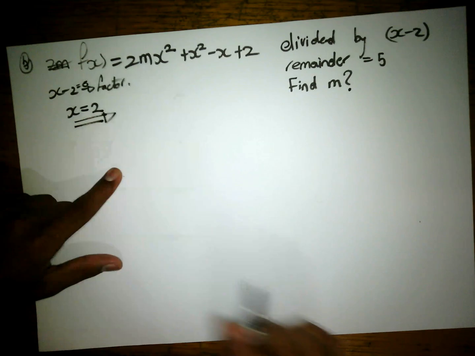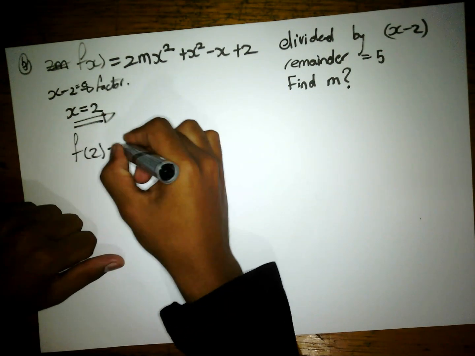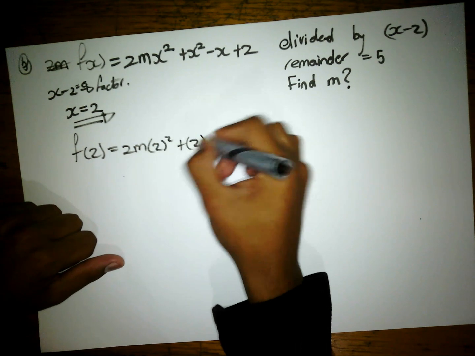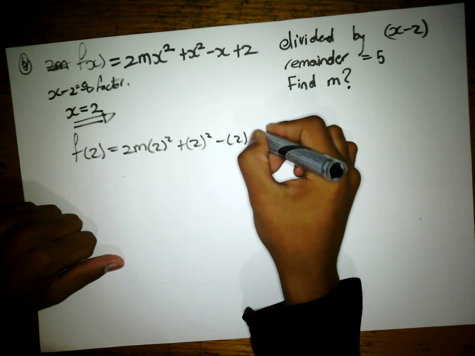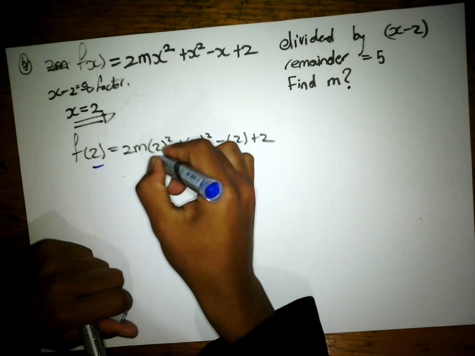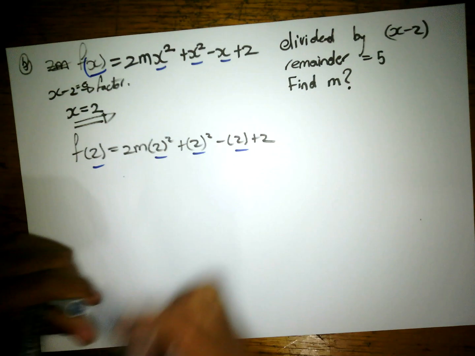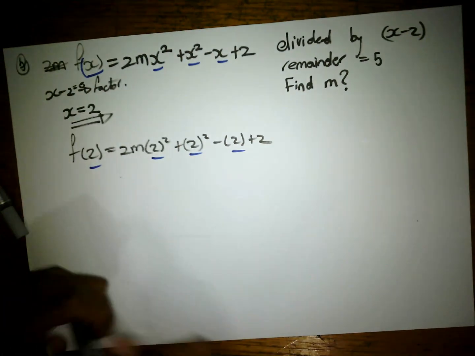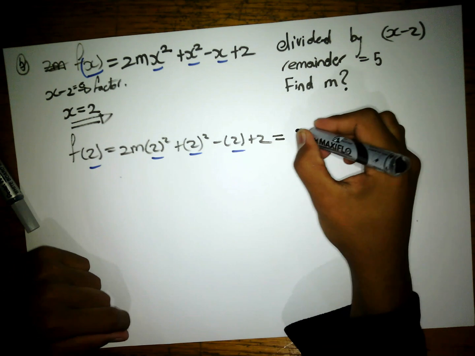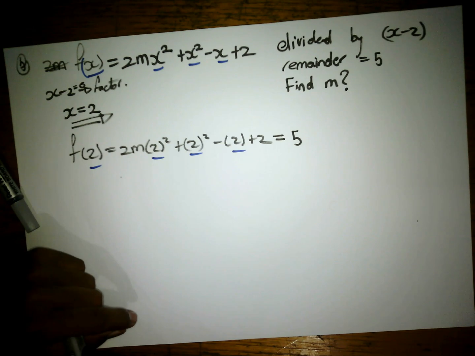So we put our x value into the equation: 2m times 2 squared plus 2 squared minus 2 plus 2. Very much still simple. Now all we do is equate it with the remainder of 5. Can't forget that one. Definitely can't forget that.